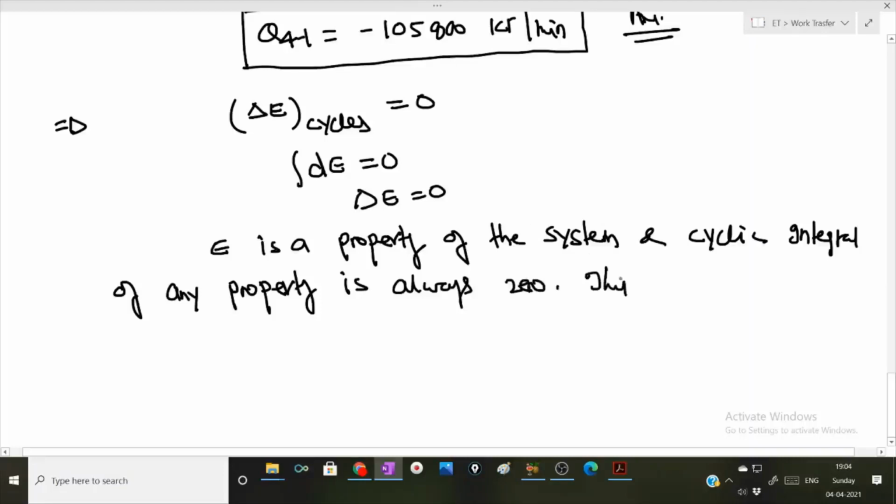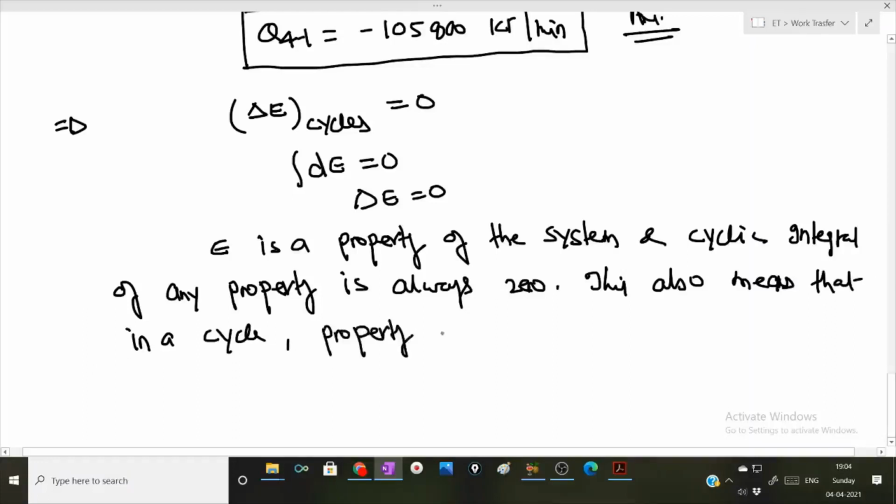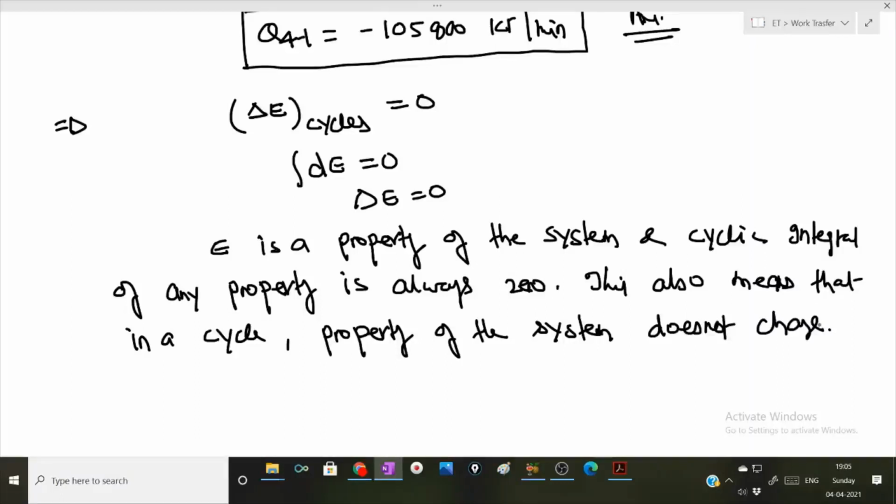This also means that in a cycle, the property of the system does not change, because the system undergoing different processes executes a cycle, so its final state is identical with the initial state, so its final property will be equal to the initial property, so the change in the property will always be 0.